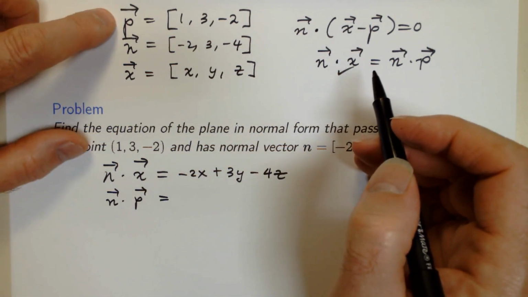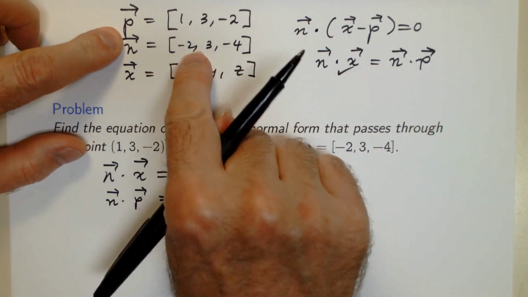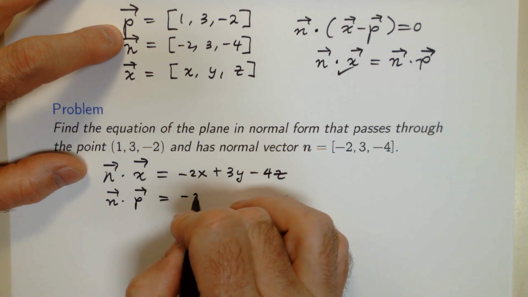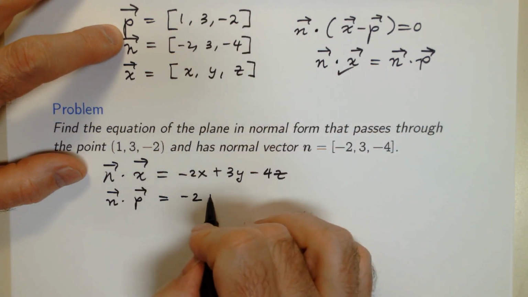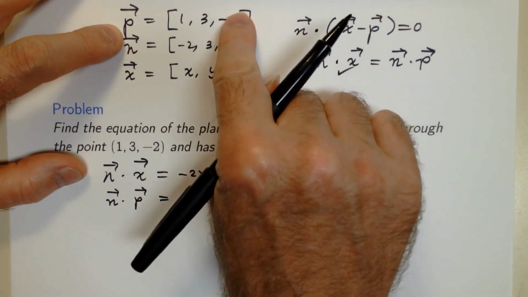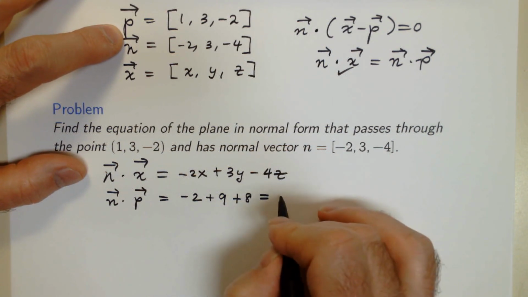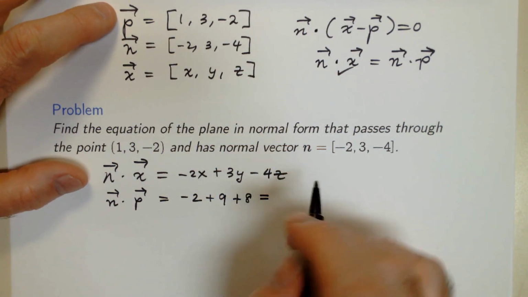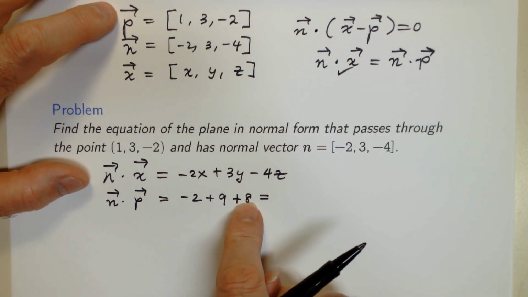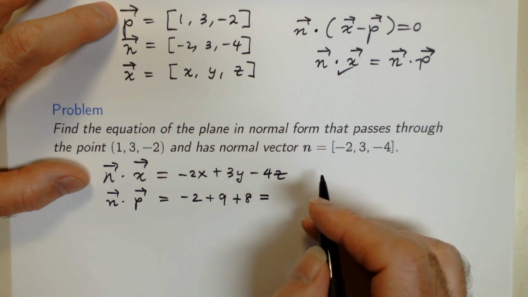And that's going to be up here, right? We're going to have negative 2, 9, and 8. And so that'll be 15.